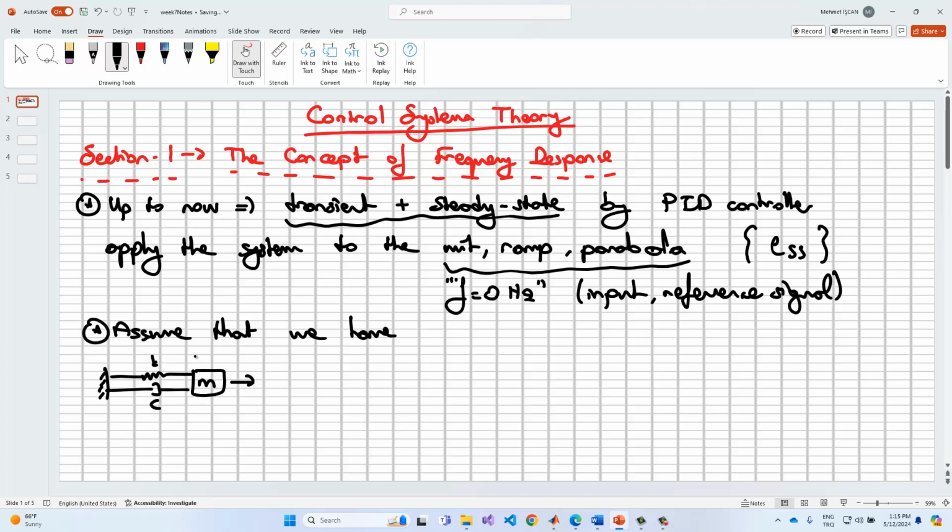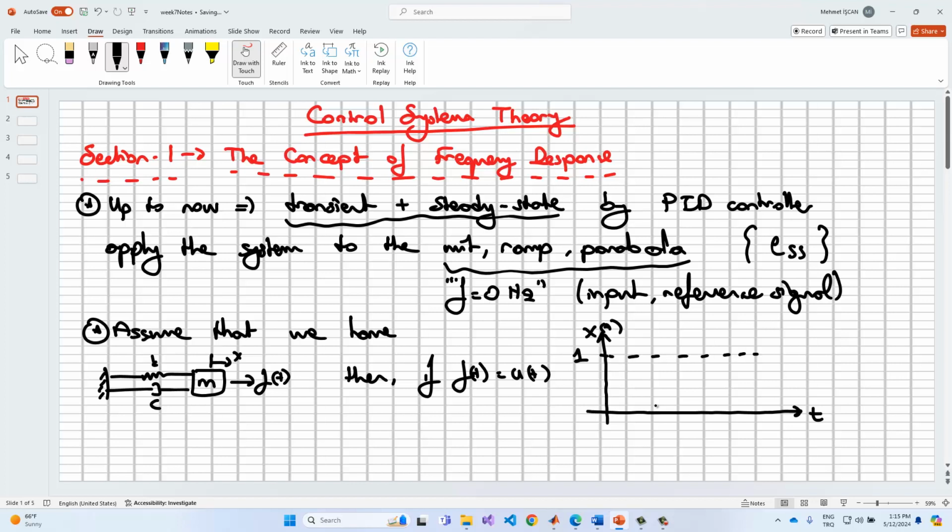This is the mass spring damper system, and so we can define the X deflection with the force FD, and then we can assign FD as the unit step. And then we will have this kind of output here, x(t) versus t, and we have the reference point just like this one. This is 1 because it's the unit step, and so we may have this kind of output.